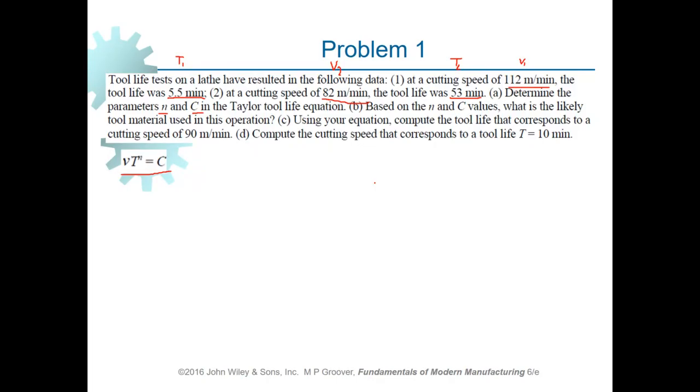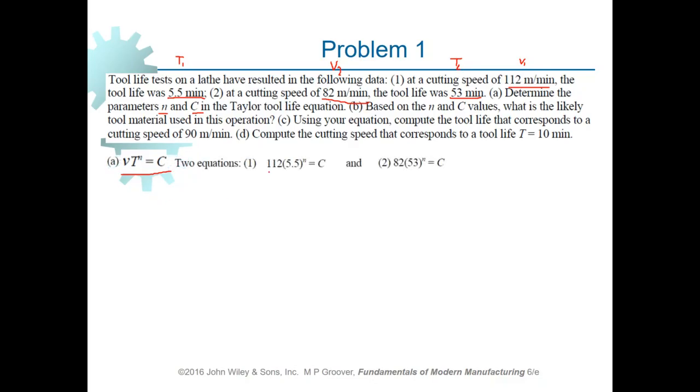We are given two different scenarios, V1 giving T1, V2 giving T2, and a single equation, Taylor's equation, and we've got to work out the values of N and C. Well, we make use of the problem data and substitute the values of V and T in the equation for the two different scenarios.